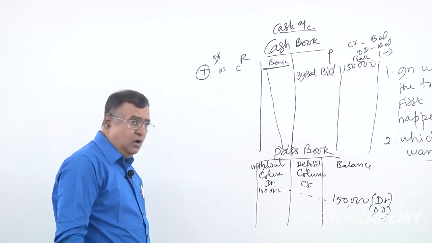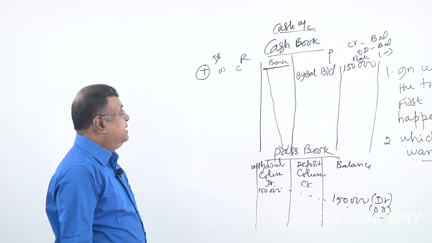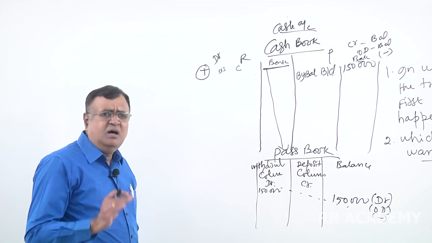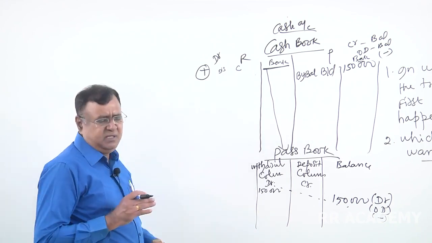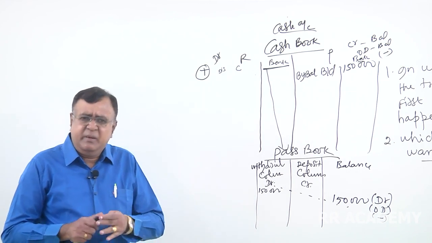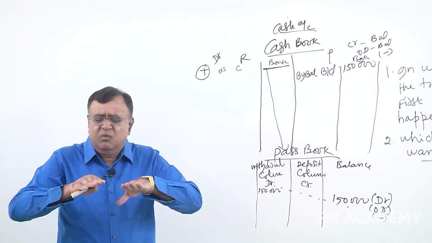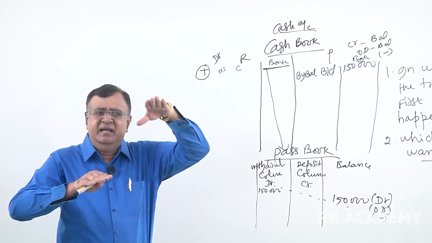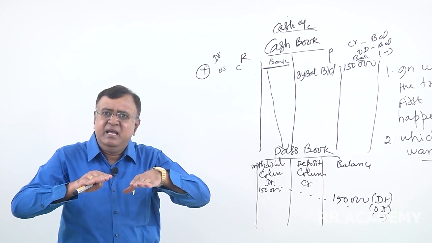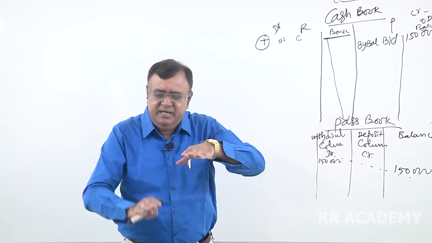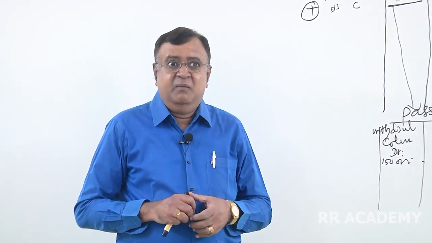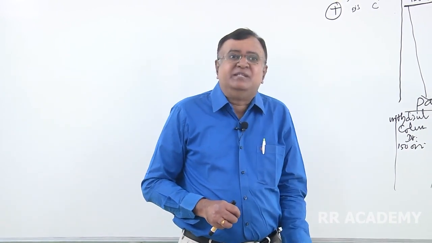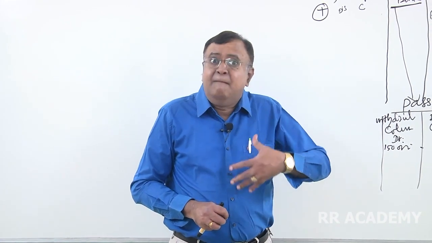Fine. Now, sir, in case of cash book, normally when you deposit in bank, what will happen to cash book? Increase. Fine. Normally, when you issue a check, decrease. But as I told you, overdraft means opposite. Overdraft means minus.